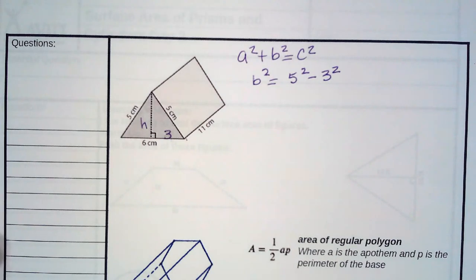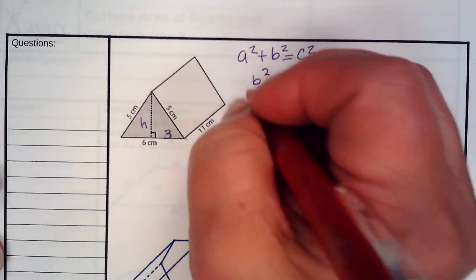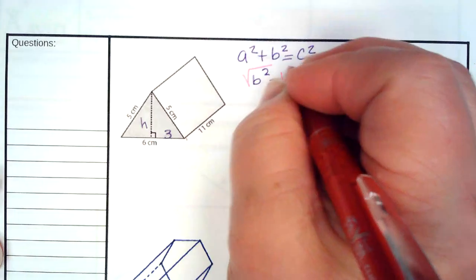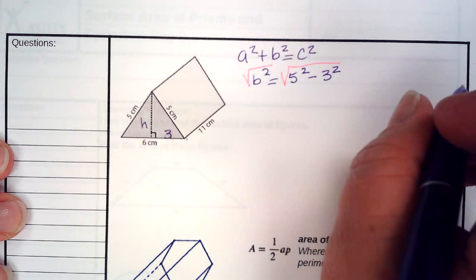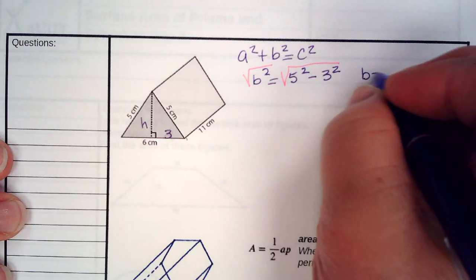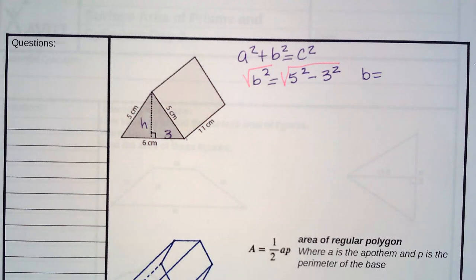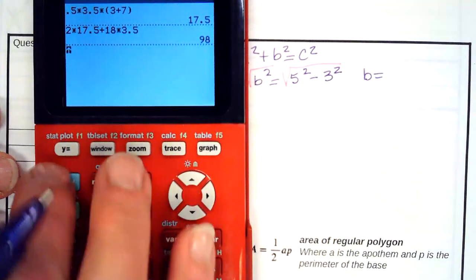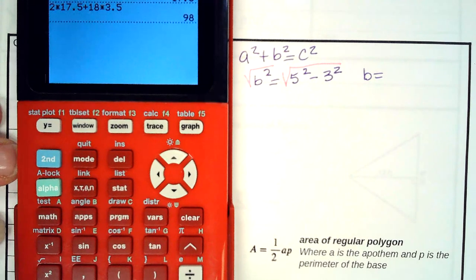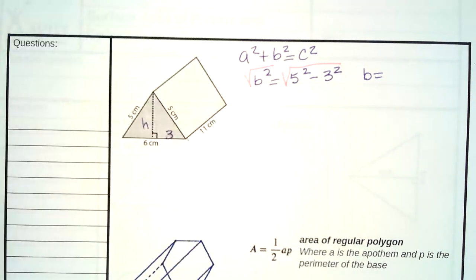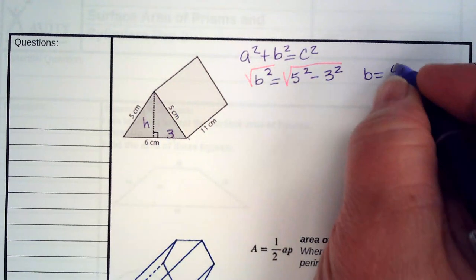The opposite of squaring is square rooting. So h is equal to, I should have used h there, huh? The square root of 5 squared minus 3 squared. And I end up with 4. So my height is 4.